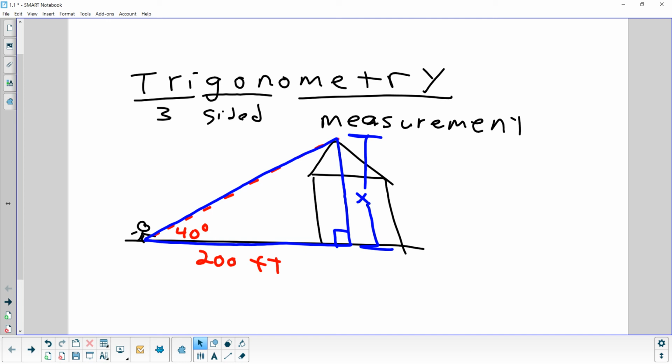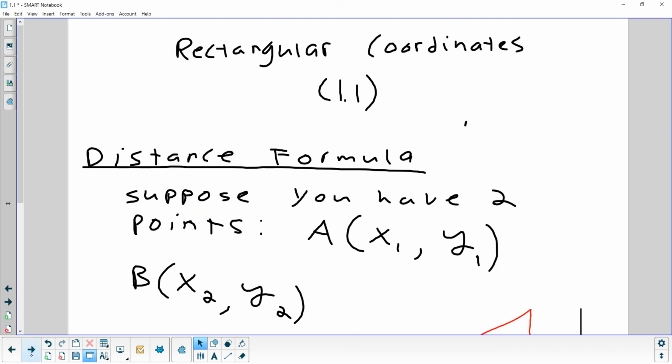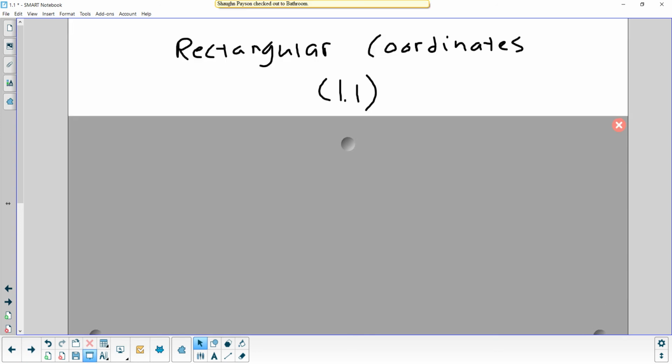All right. So any question on what the word trigonometry means? Measuring triangles. So, two things that we're going to take a look at are what's called the distance and the midpoint formula. And the real reason for looking at those today is because the distance formula involves square roots.